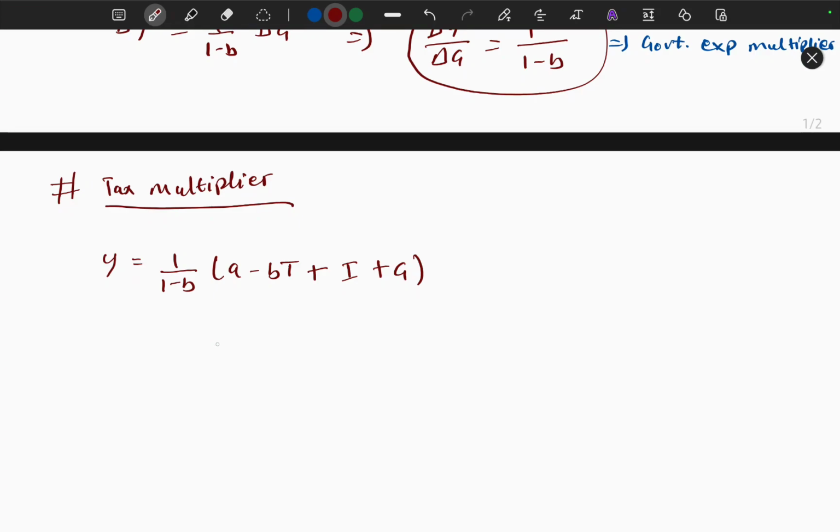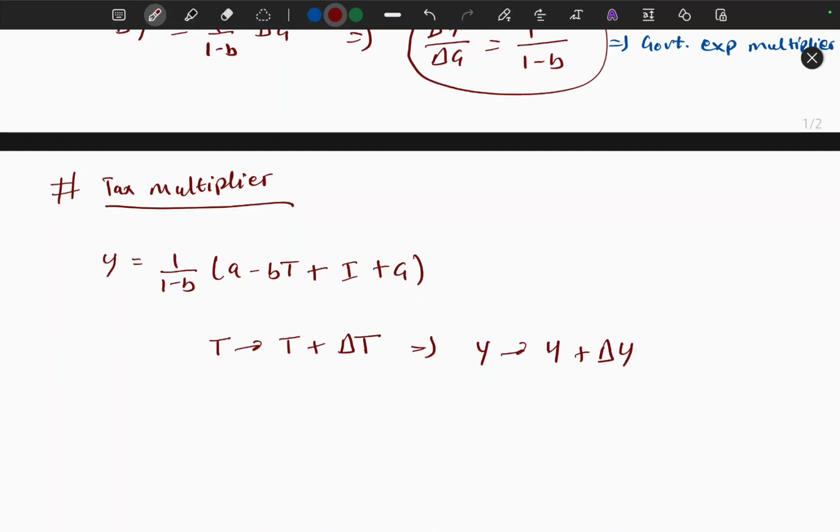We will increase T by a certain amount, let's call it delta T. It will cause some change in the level of income, which is, let's say, y plus delta y.